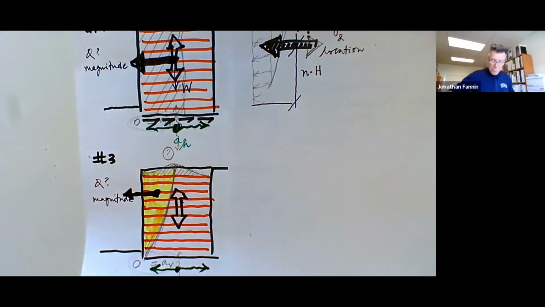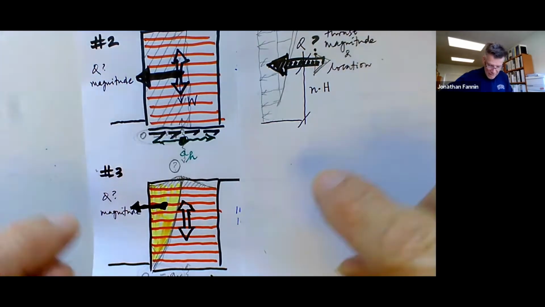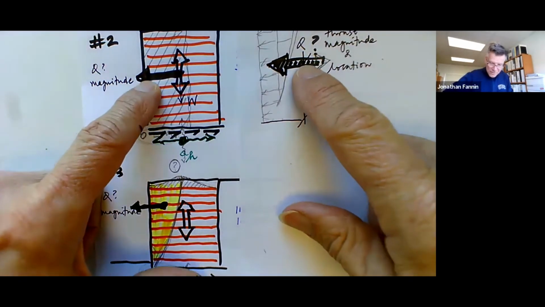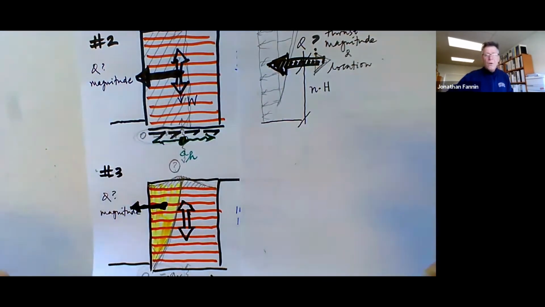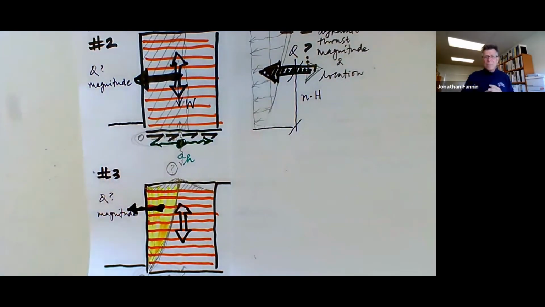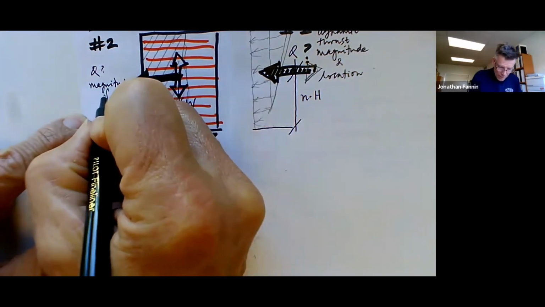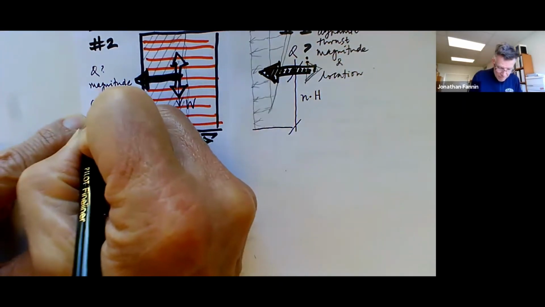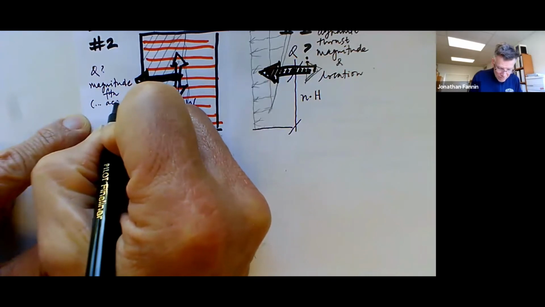Now, to get the magnitude of all of these thrusts, we need to assign an acceleration. The magnitude is a function of, amongst other things, the acceleration.